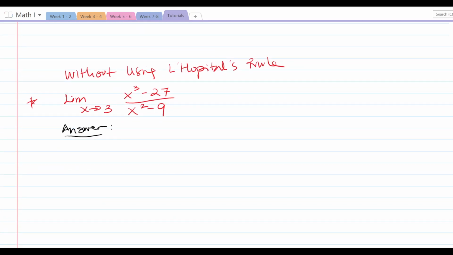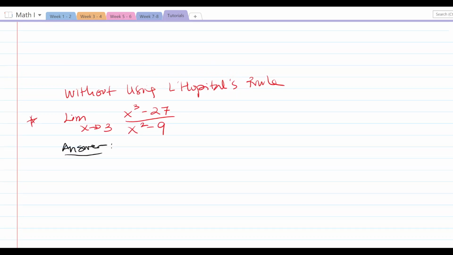Okay, again, try to solve this limit problem without using L'Hopital's rule. The limit of x cubed minus 27 over x squared minus 9. If you are not allowed to use L'Hopital's rule, then one way is to find the factors of the problem.